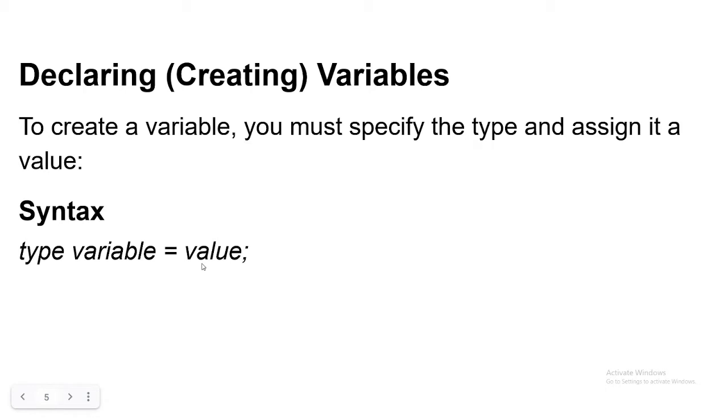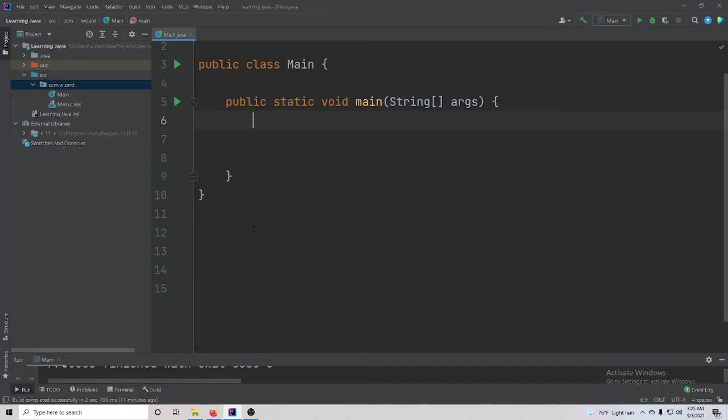Let's go to IntelliJ IDEA and see how this works. Let's create a variable called name of type string, and give it the value John.